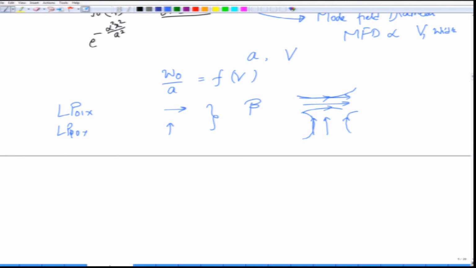Although in a nice fiber these values are the same, in practice these values start to change slightly as you begin to propagate inside the fiber. As you keep traveling along the fiber, these values change slightly, leading to a dispersion or a delay between these two modes. So, LP01 arrives slightly ahead of the LP10 mode, like that.